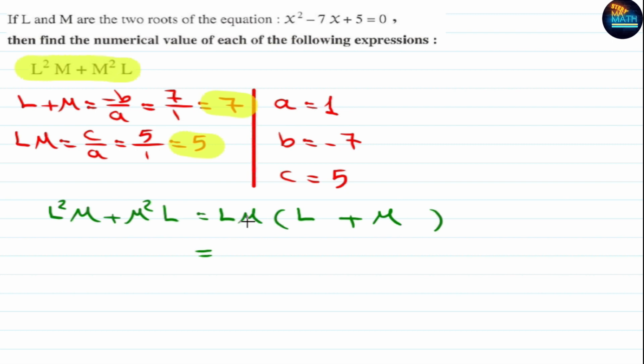What is LM? LM is the product of the two roots, which is 5. And what is L plus M? L plus M is the sum of the two roots, which is 7. So 5 times 7 is equal to 35. So the numerical value is equal to 35.